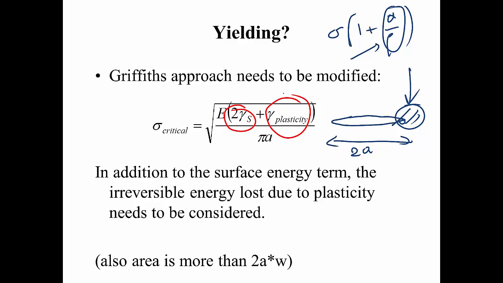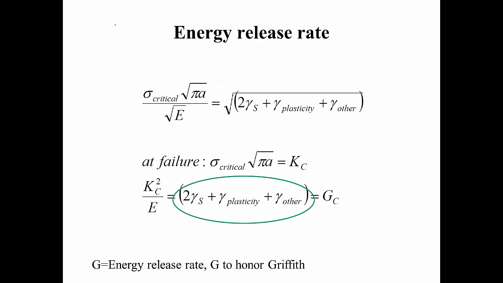In simplified terms, we say this is not just this, there is more. Therefore, the fracture toughness is justified to be larger than the simple expression that we had discussed before. Plasticity is one of the mechanisms that absorbs energy. In fact, there may be others, and we will discuss this in detail.